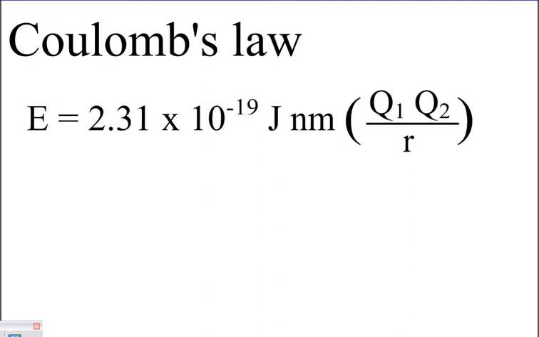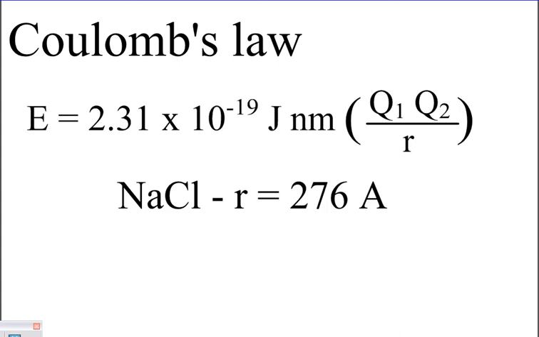The energy of the bond is derived from a constant times the charge of the first ion times the charge of the second divided by the radius, or the distance in nanometers between the ion centers.